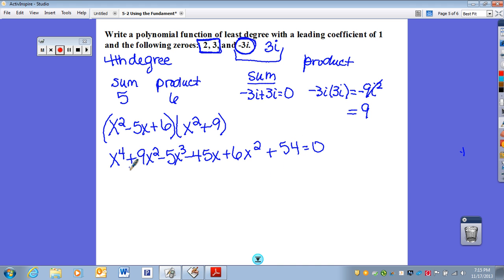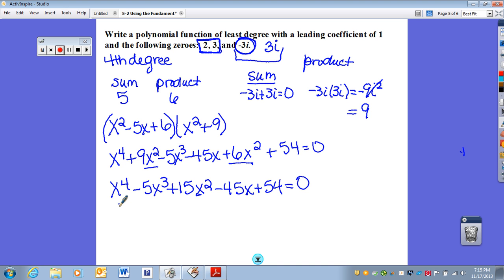So when we combine like terms, we have x to the fourth, and then we have negative 5x cubed. 9x squared and 6x squared would be positive 15x squared. And then we have negative 45x plus 54. And that's going to be our polynomial function of least degree. Because there were 4 roots, it's to the 4th power. It is written in standard form and has a leading coefficient of 1.